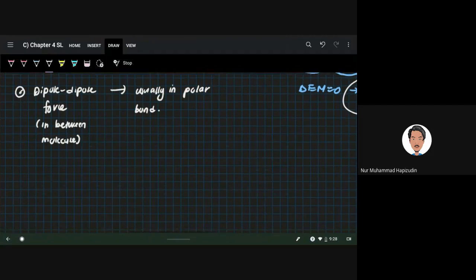So example lah. Which molecule is polar bond? Saya bagi satu contoh. Saya pilih HBr example.